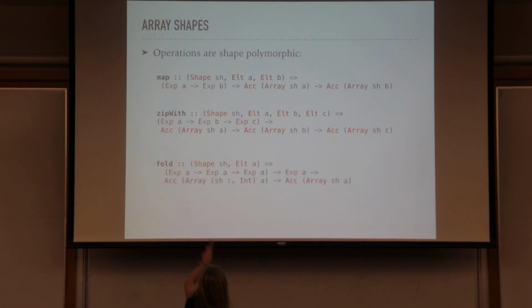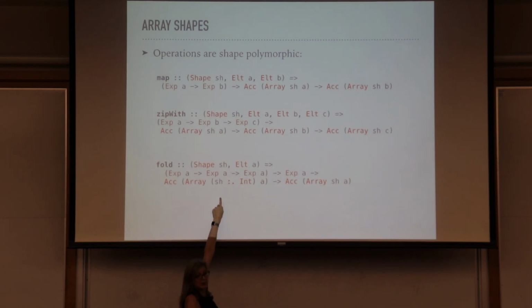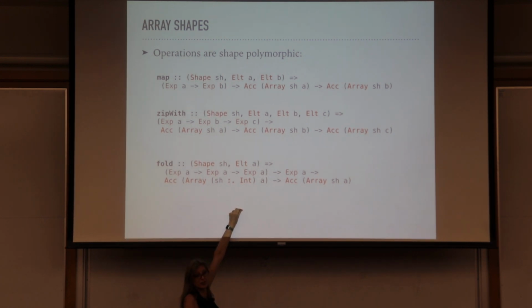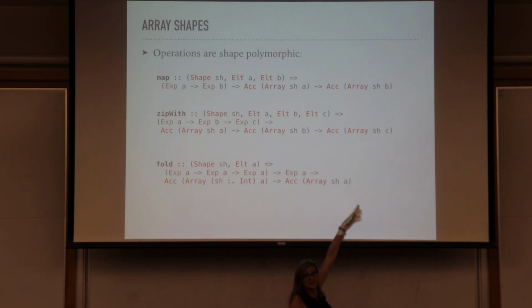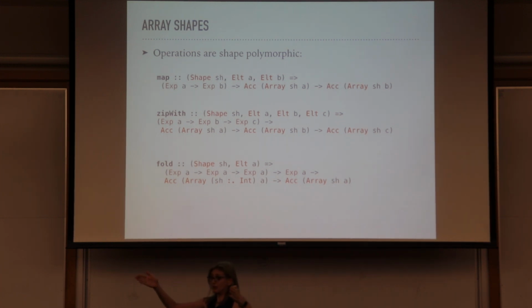And fold is a bit more interesting. What fold says is that it wants, as an input, at least something of dimensionality 1. So the inner shape can be anything, but it has to have at least dimensionality 1. So it can't be a scalar value. And then the result is 1 less. So if you put in a vector, it gives you a scalar value.